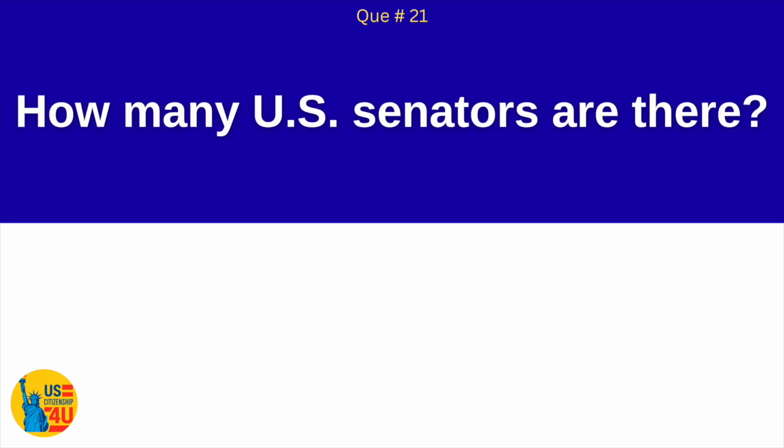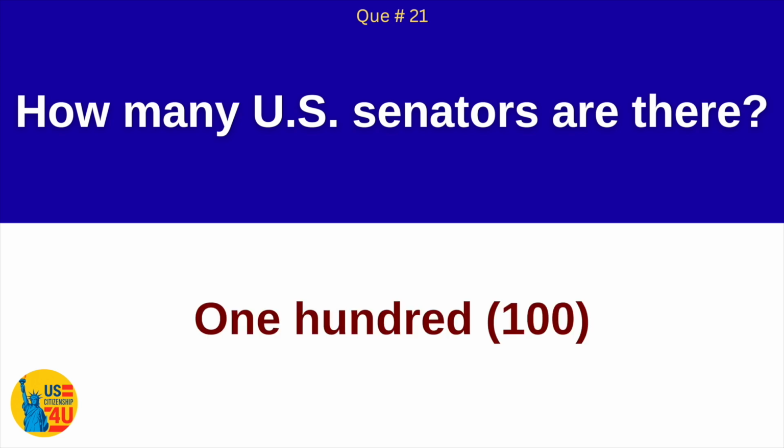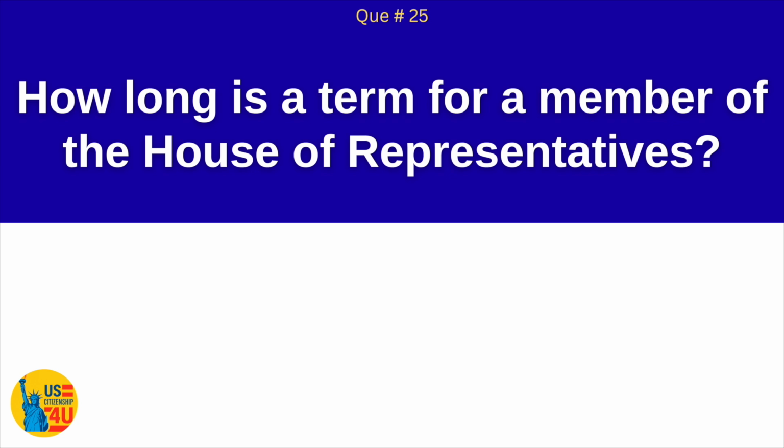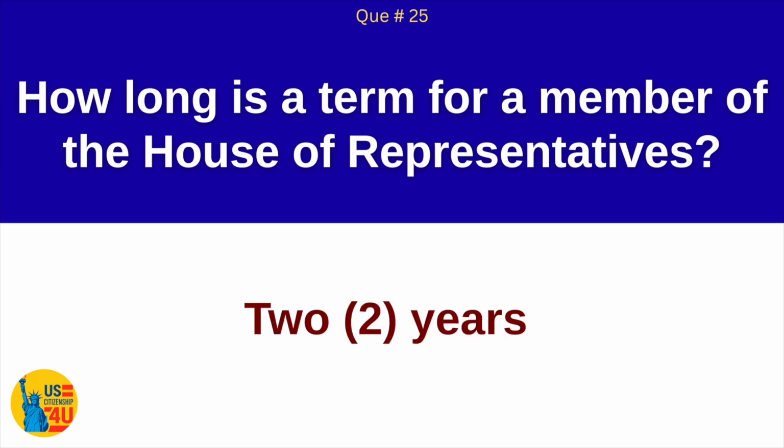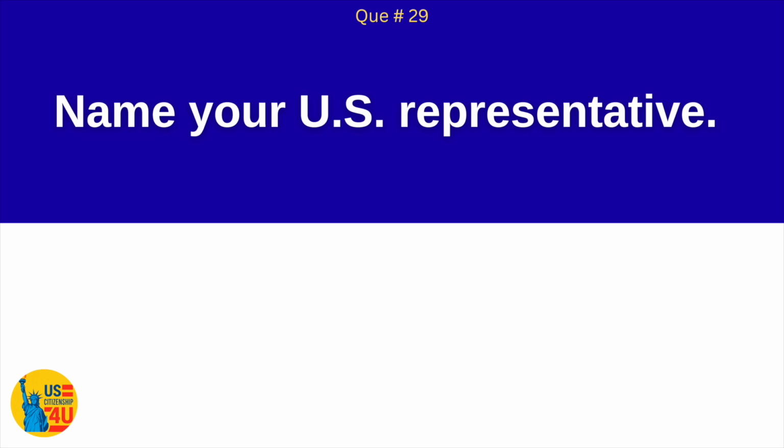How many U.S. senators are there? 100. How long is a term for a member of the House of Representatives? 2 years. Name your U.S. representative.